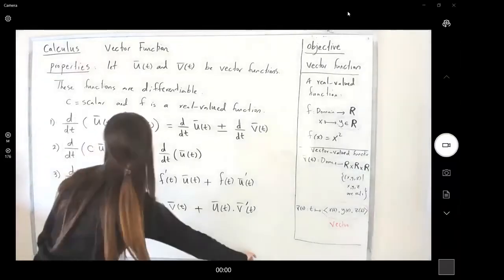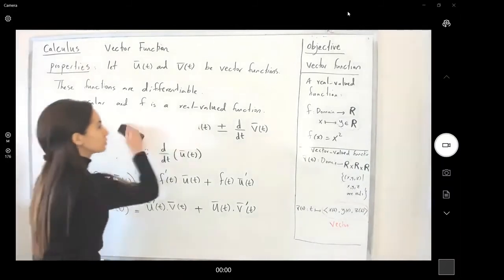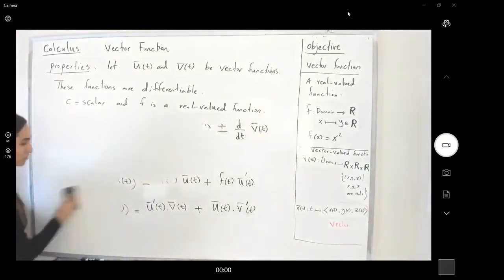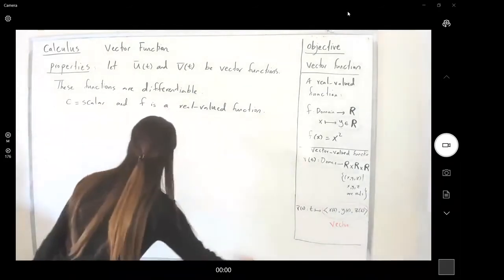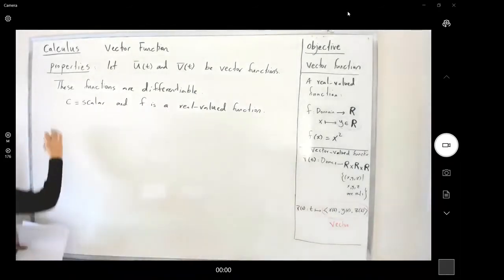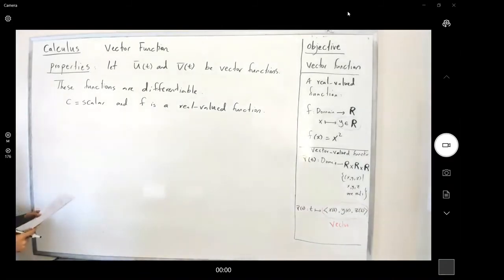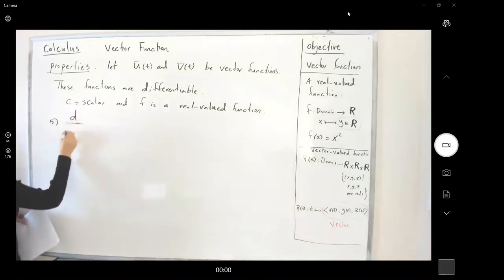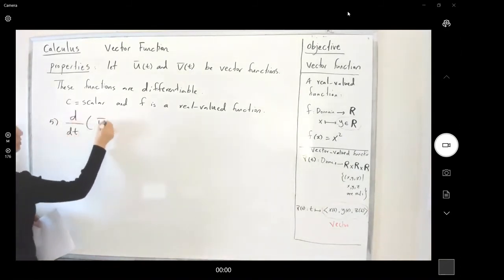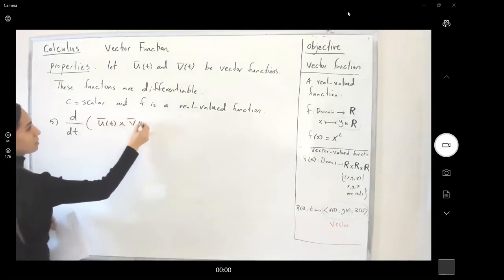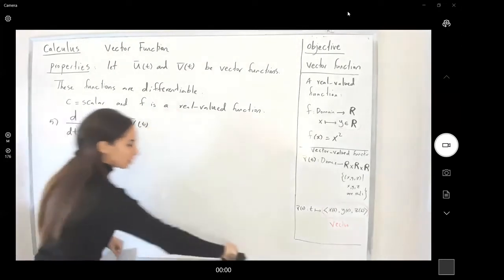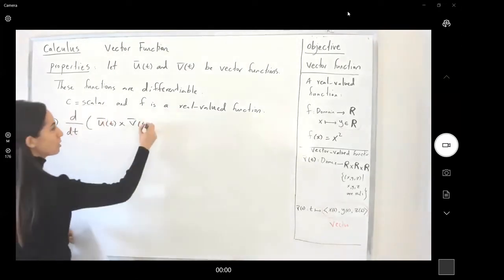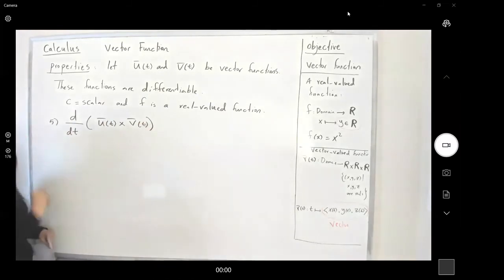Well, what if we have the cross product between the two vector valued functions? So this is number 5. If you have the cross product between u and v, remember that these are all vector functions. It means that we can form the dot product and also form the cross product. But how do we take the derivative of the cross product?